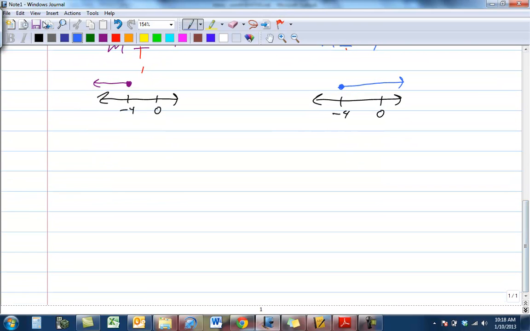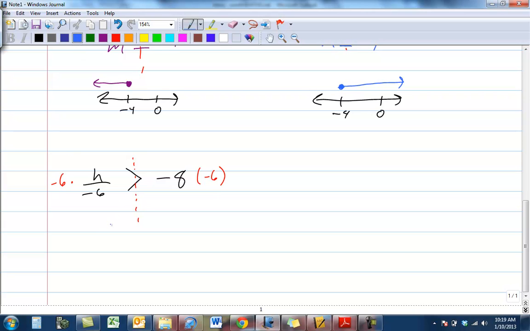Let's do one more, and then I'll leave you alone. How about h over negative 6 is greater than negative 8. H divided by negative 6 is greater than negative 8. So we draw our line. H divided by negative 6, what are we going to do? We're going to multiply by negative 6 on both sides.